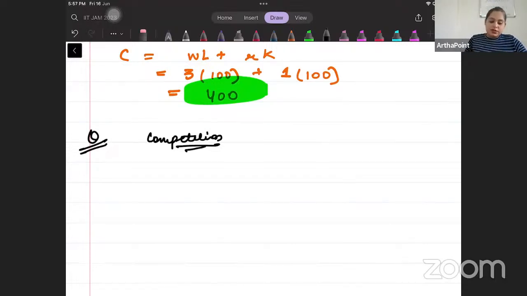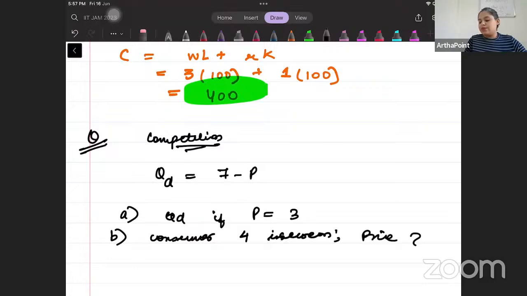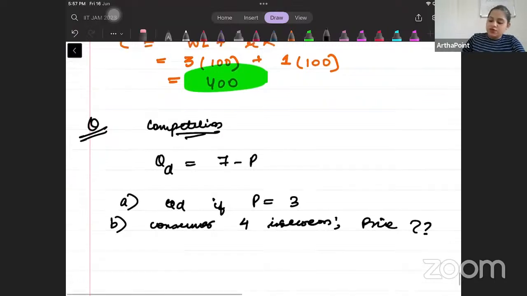You are given that the demand curve equation is 7 minus P. First, you have to give the quantity demanded if price is 3. Second, if the consumer has purchased 4 ice creams, what is the price that you would have kept? That's the question. Okay, let's find out.